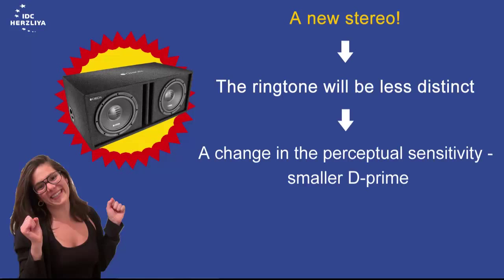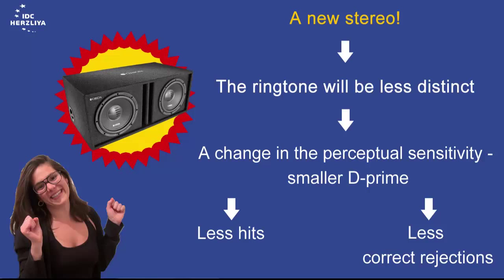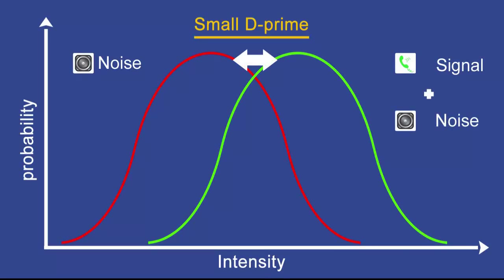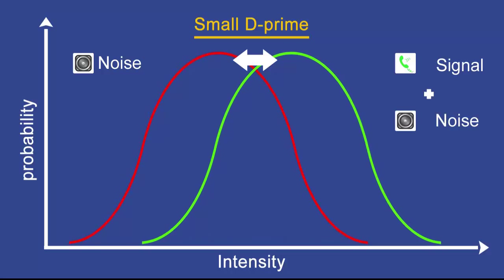Therefore, there will be a change in the perceptual sensitivity. The D prime will become smaller, and we can reasonably assume there will be fewer hits, and we have fewer correct rejections. The signal is less discriminable from the noise, and the two functions get closer.